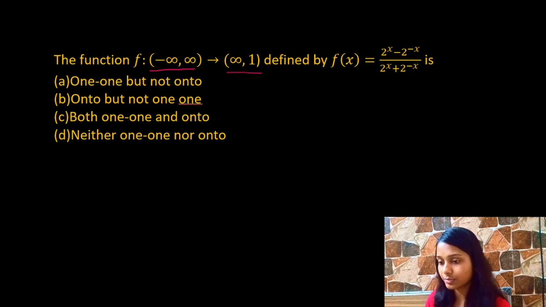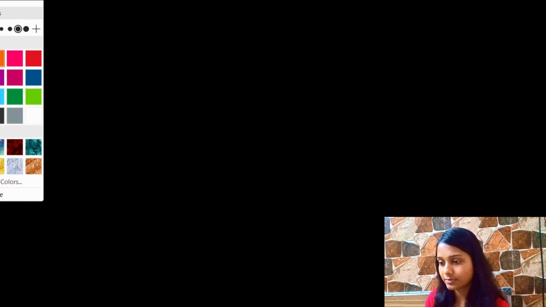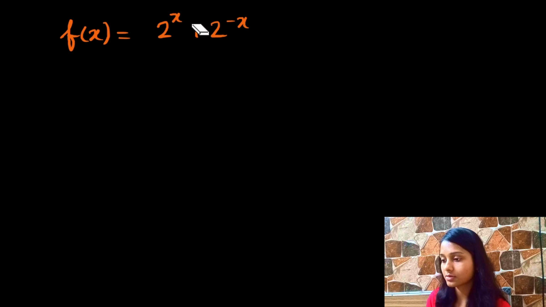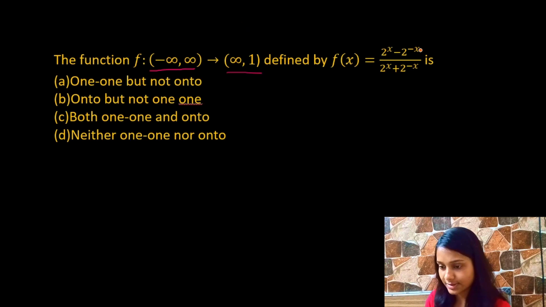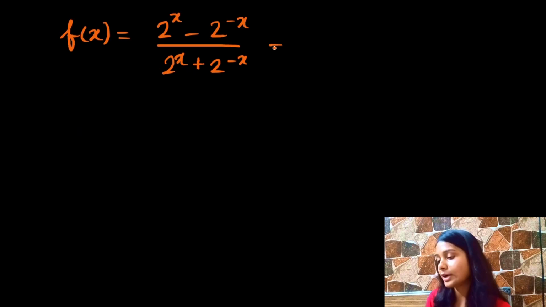So let me write it down. This function has this form: f(x) equals (2^x minus 2^-x) divided by (2^x plus 2^-x). Let me check it one time. Yes, this is the function. So let me first simplify this function.